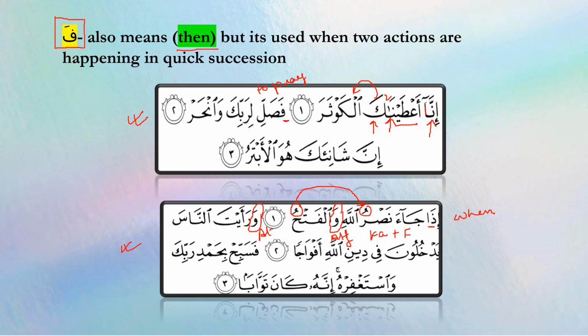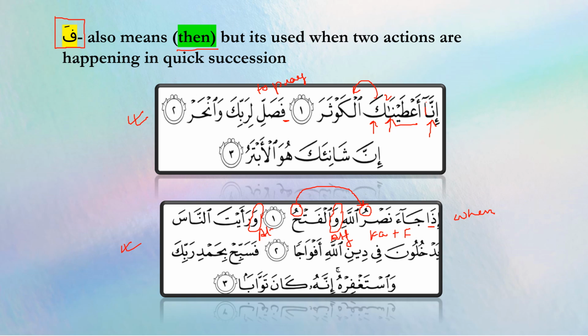Wa, again atf. Ra'aytan nasa. Now, I told you before also that a noun can be before and after atf, and a verb can also be before and after atf, and a jumla fe'liya or ismiya can be before and after atf. So here you can see ja'a nasrullahi, it is a jumla fe'liya. You can see after atf ra'aytan nasa, this is also jumla fe'liya.